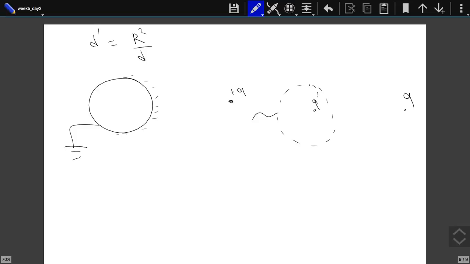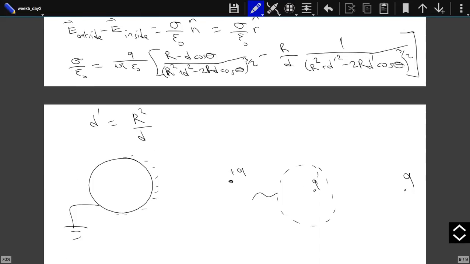I'm not putting a charge in my volume. What I'm actually saying is that this is the real charge configuration in my problem. The potential and hence the electric field in this region outside my conductor is the same as the potential created by these two charges in the same region.